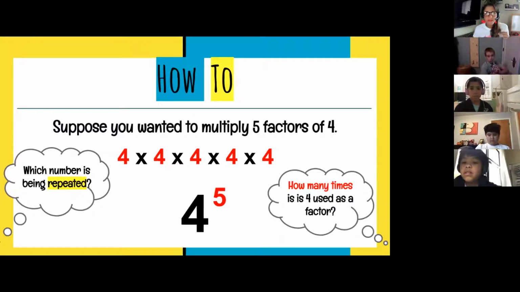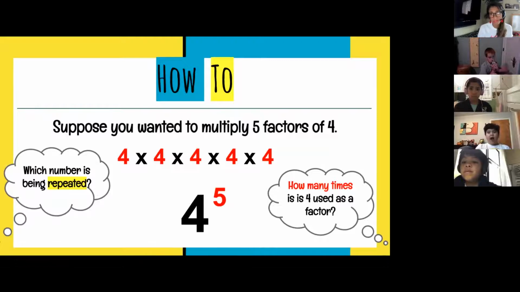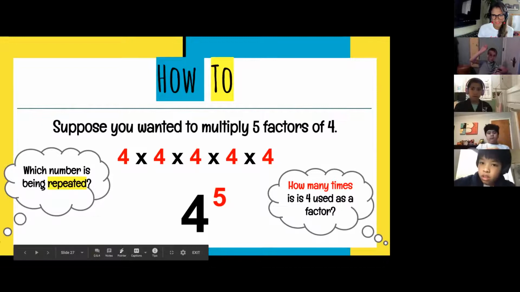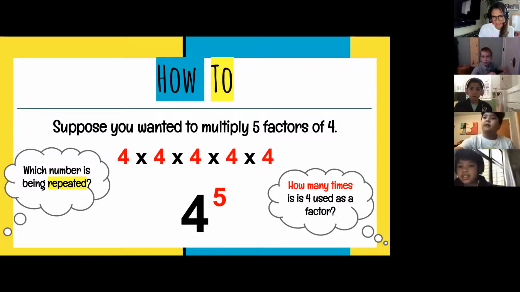That itty bitty 5, take a look at what our lesson is called. What is that itty bitty 5 called? Think about it. Ponder, ponder. Mateo? It's the name of the lesson. And what is that?